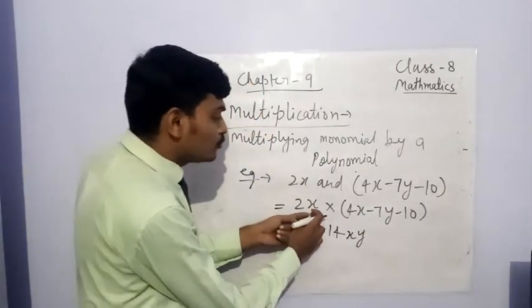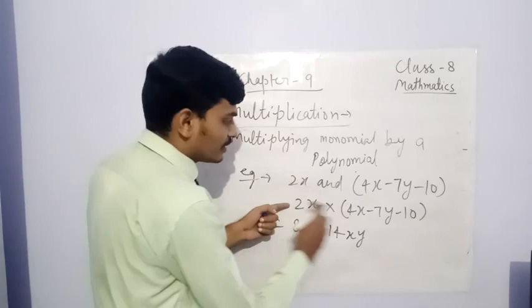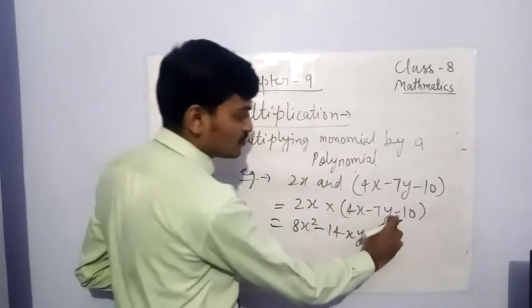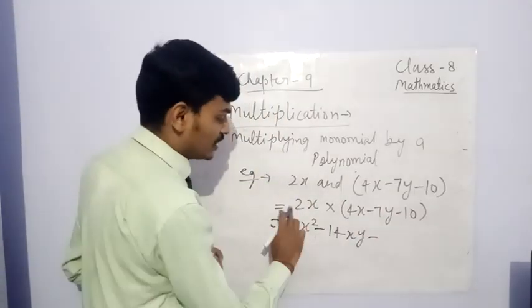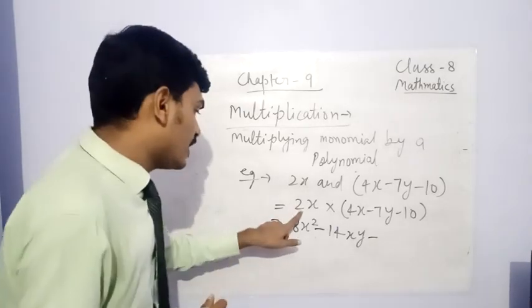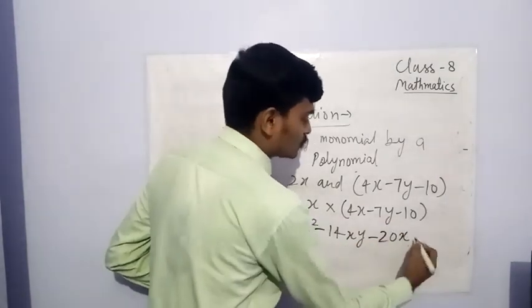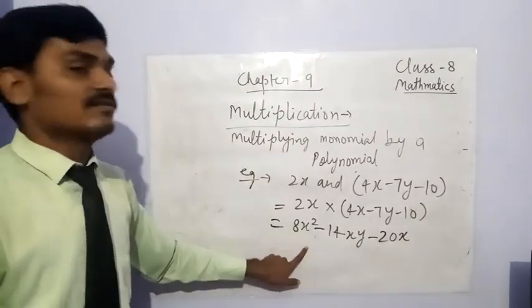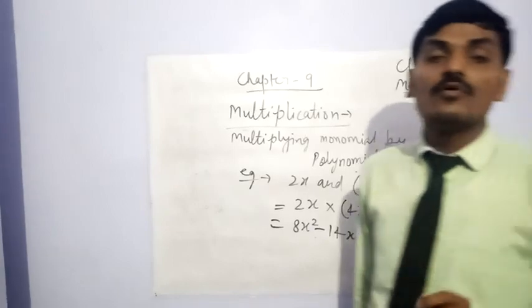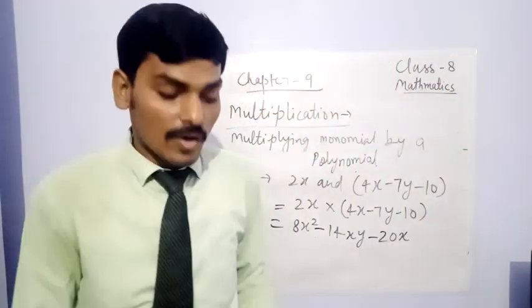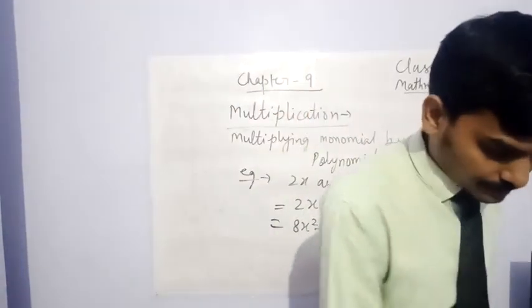Now multiply 2x into 10. So plus into minus, minus. Here is minus, here is plus, so minus. Now 2 10s are 20 and x is also there. So this is your answer. So this is the multiplication of a monomial by any polynomial.